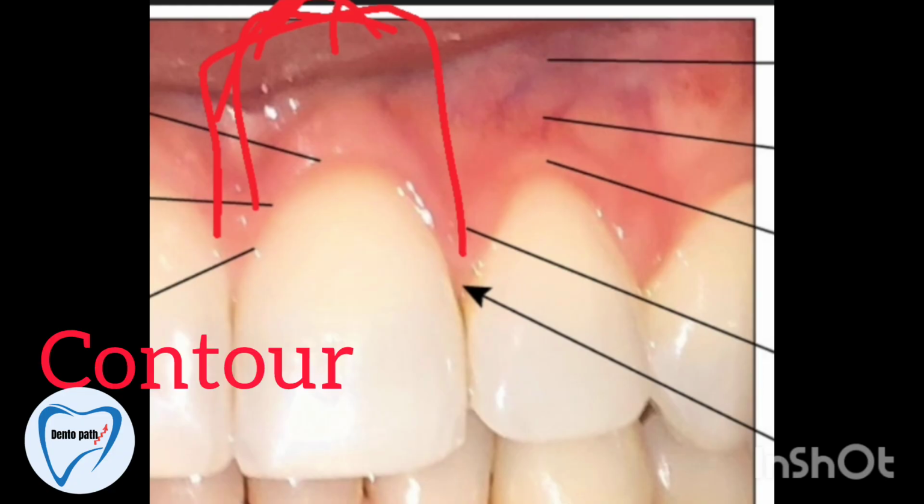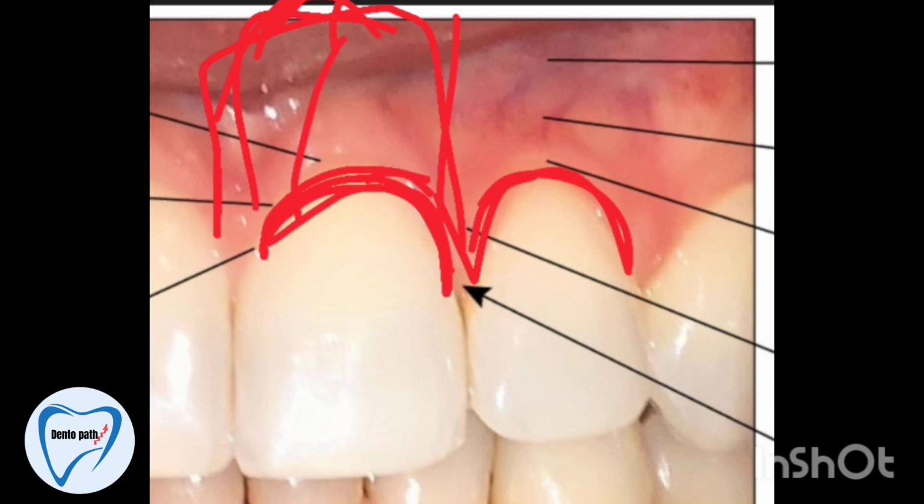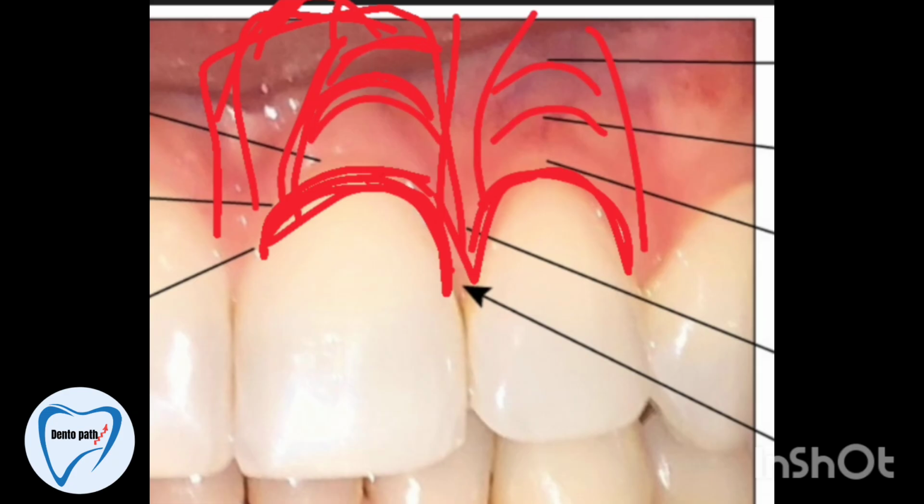Contour. The contour or shape of gingiva varies considerably and depends on the shape of the teeth and their alignment in the arch, the location and size of the area of proximal contact, and the dimension of the facial and lingual gingival embrasures. On the tooth, contour is dependent, like this. Now we will see the shape.